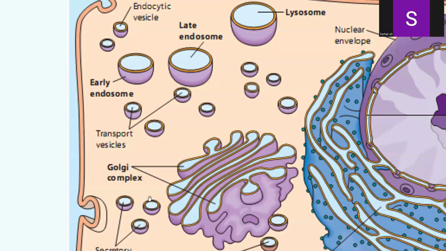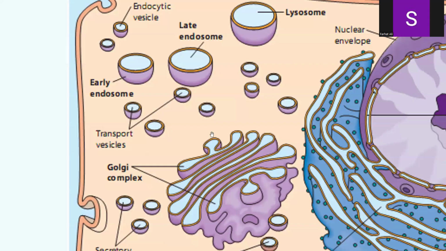That tag or identifier is more like a postcode which identifies where this protein is going to go. So based on those tags, on those identifiers, the proteins are transported to their given destination.